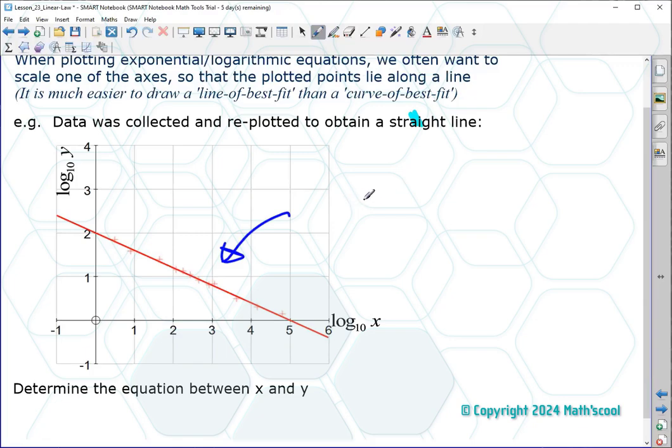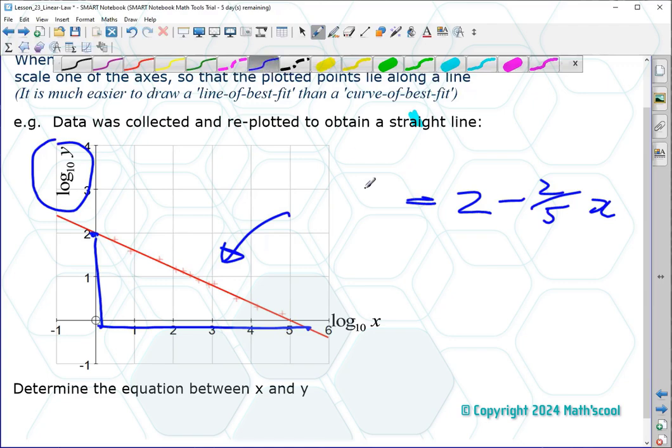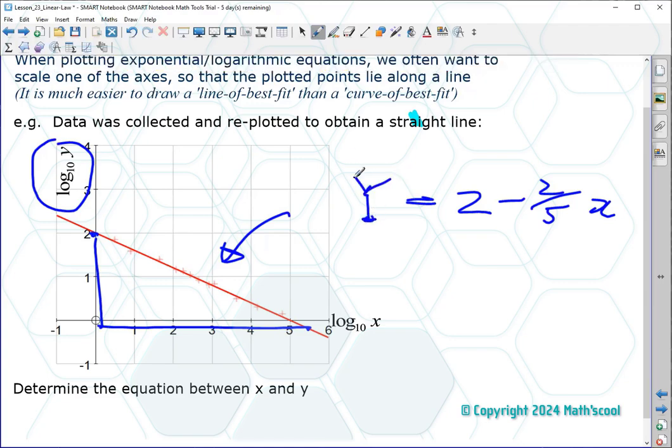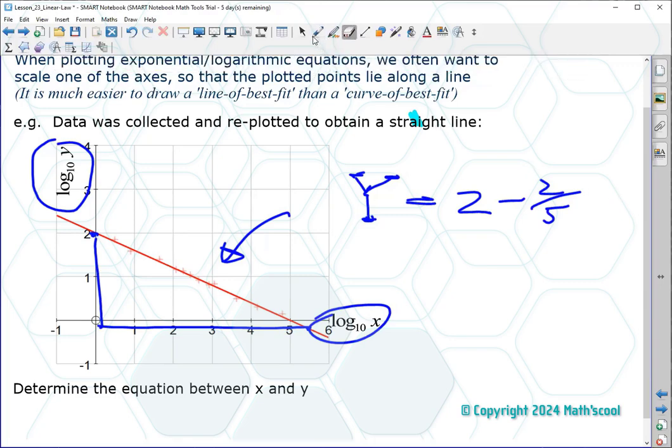The equation of the line is y equals, the y-intercept is 2, and the gradient is -2 up, 5 across, -2 over 5x. But hold on, that y-axis is not y. So let's get rid of that and put capital Y instead. And that x-axis is not x. So let's get rid of that and put capital X instead.